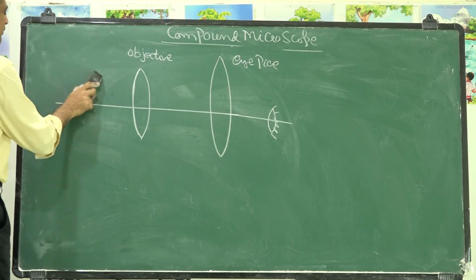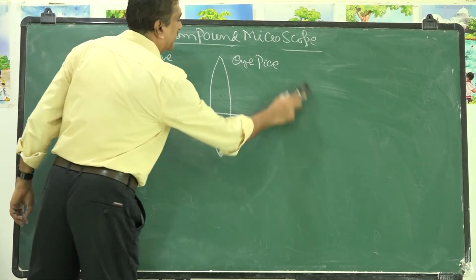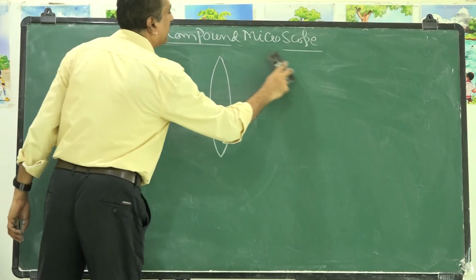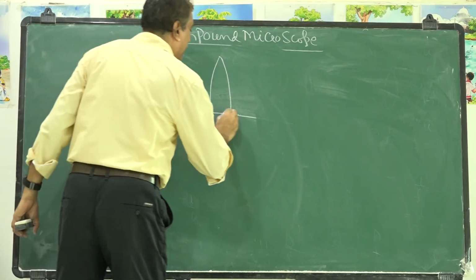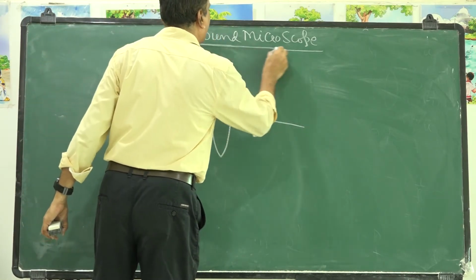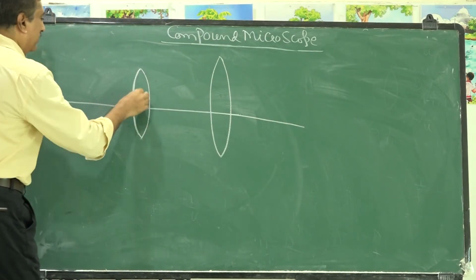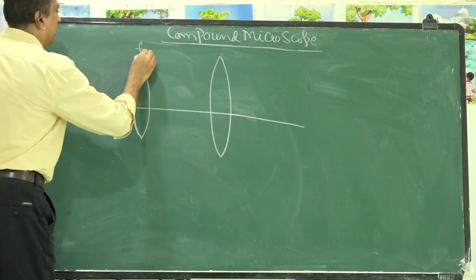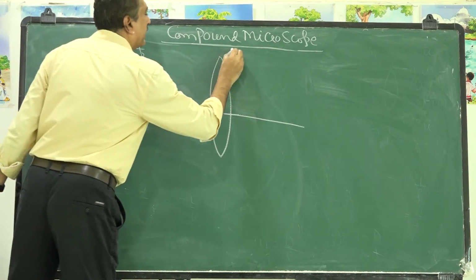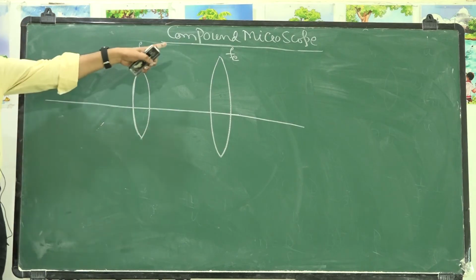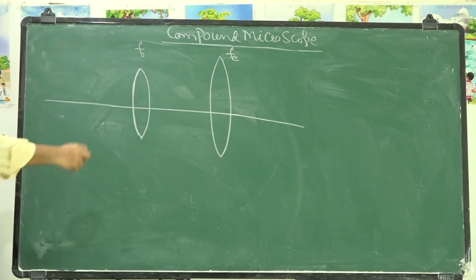Now, the ray diagram for this compound microscope. Now, assume that the focal length of the objective is fo and that of the eyepiece is fe, and fe is greater than fo.